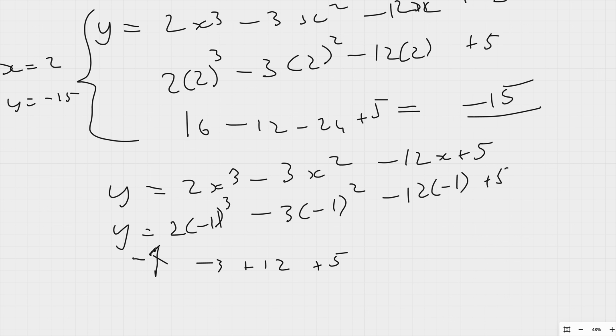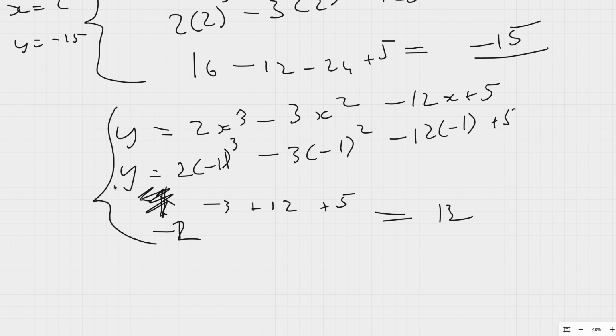Oh, this is minus 2. Why did I write that? Yeah, minus 2, minus 3, plus 12, and 5, which equals 12. This means that when x equals minus 1, y equals 12.